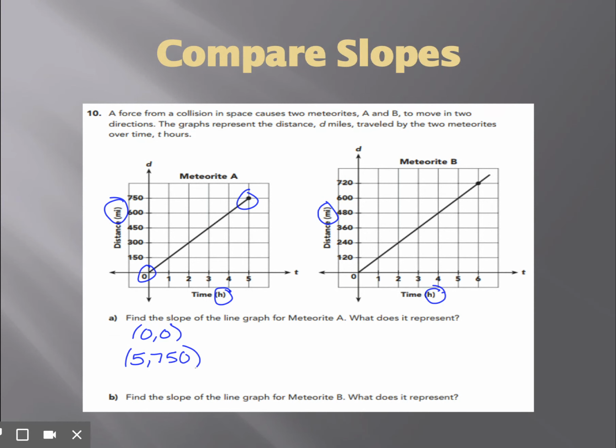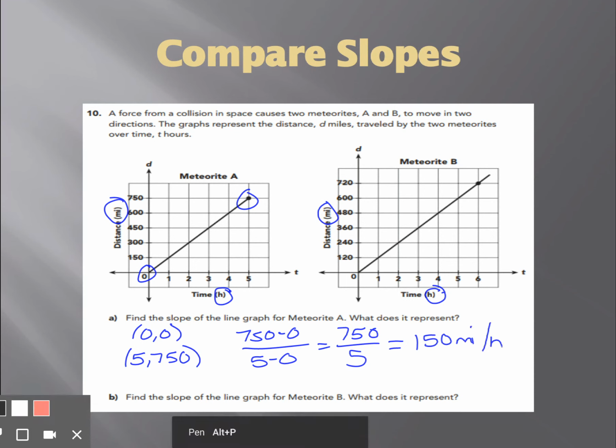So to find the slope, I'm going to do 750 minus 0 over 5 minus 0, which is 750 over 5, which would be 150 miles per hour.